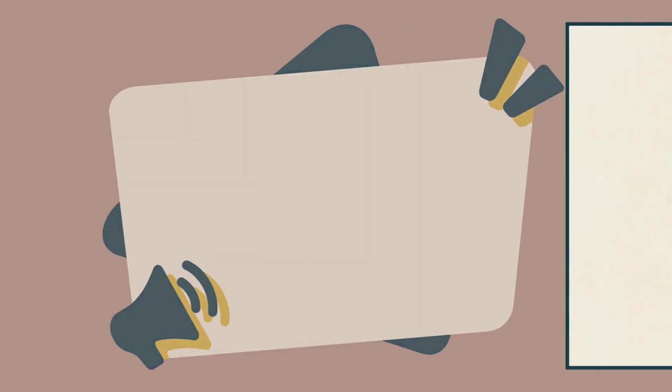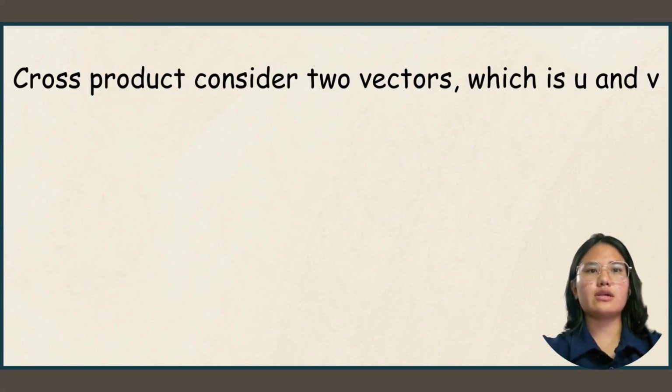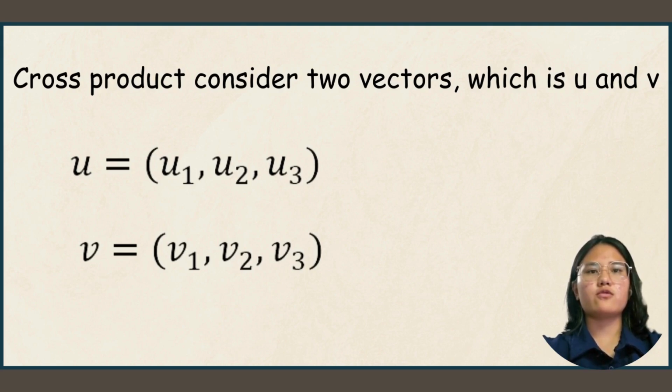Cross product considers two vectors, which are u and v. u equals u1, u2, u3. v equals v1, v2, v3.